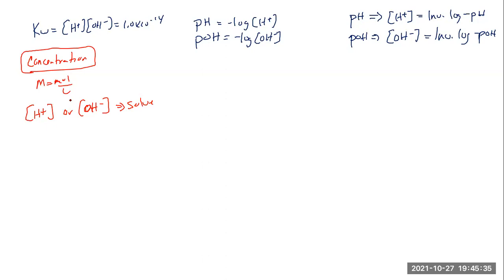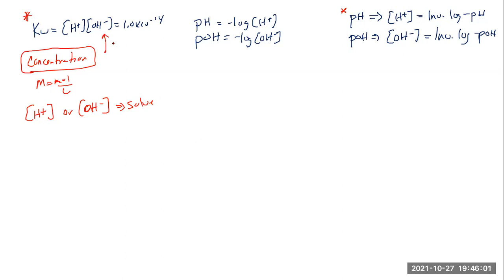And really at this point, after today's lecture, we have two options to do that. You would either use KW, or you could use either of these groupings of equations. Now, most of the time you would choose KW if you had the H plus or OH minus concentration; this would be a pretty good one to choose.